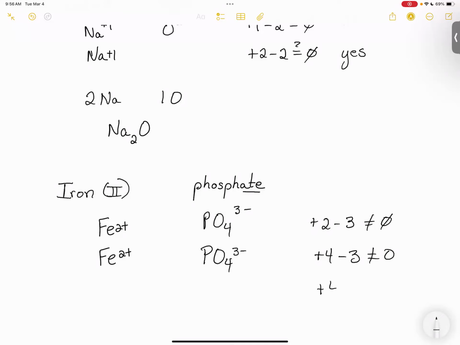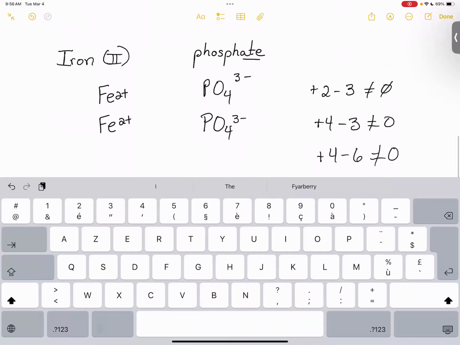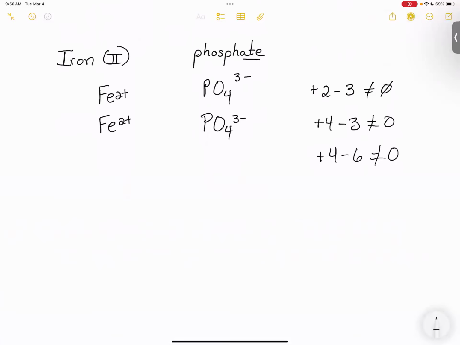And so we have +4 -6. That does not equal 0. So it's not in a 2-to-2 ratio. So we add another Fe2+. When we add another Fe2+, we get a +6 -6. That does equal 0.